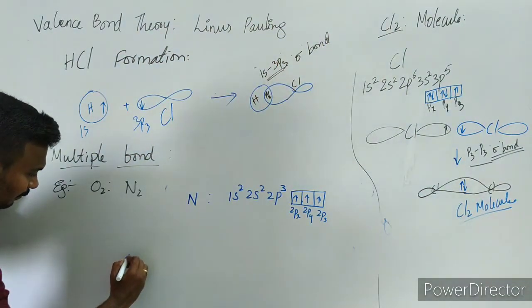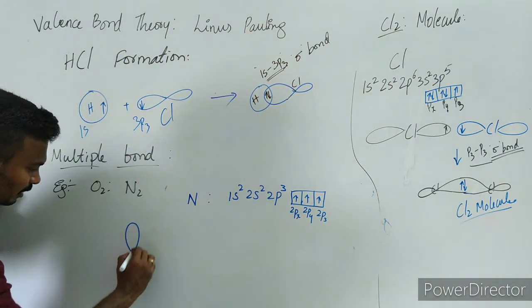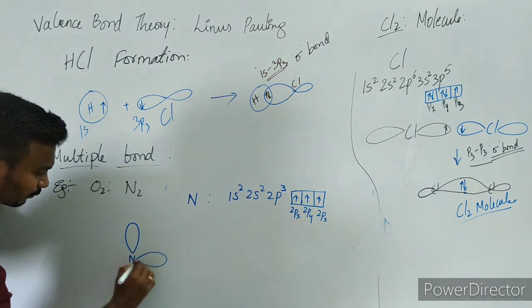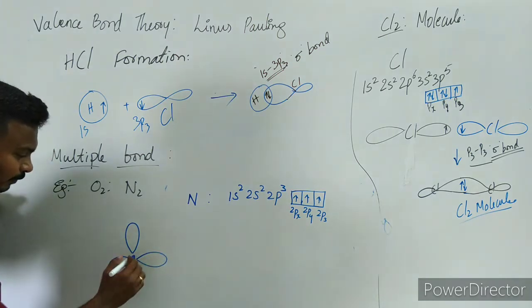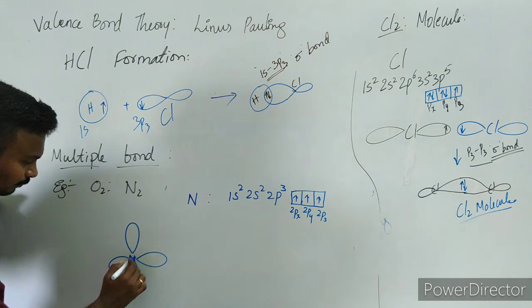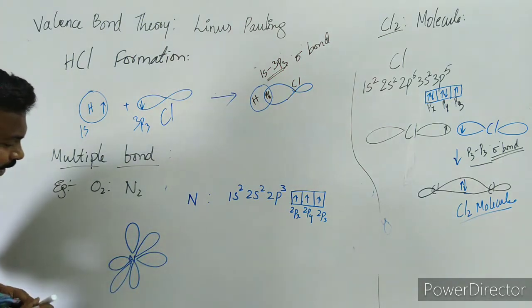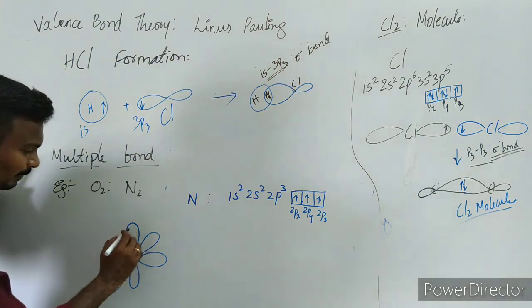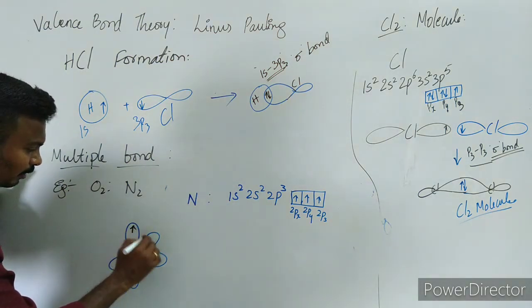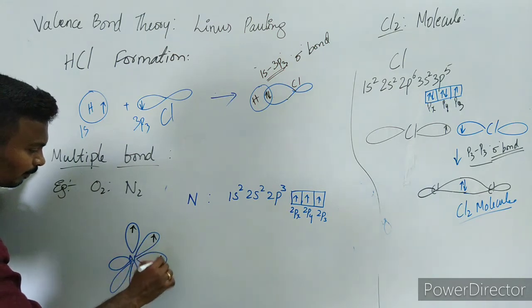If you take nitrogen, I have represented only the 2p orbitals: 1, 2, 3.